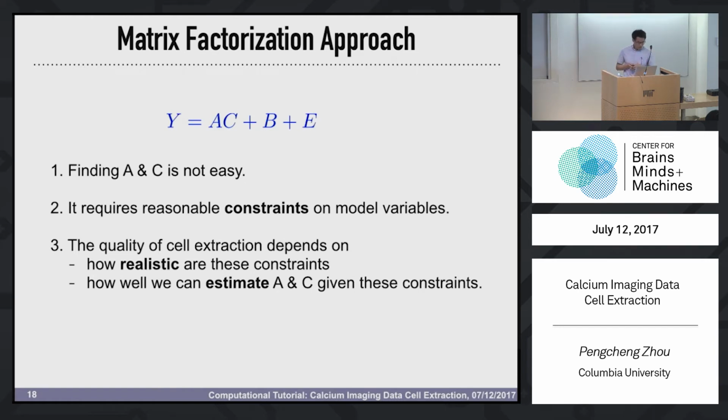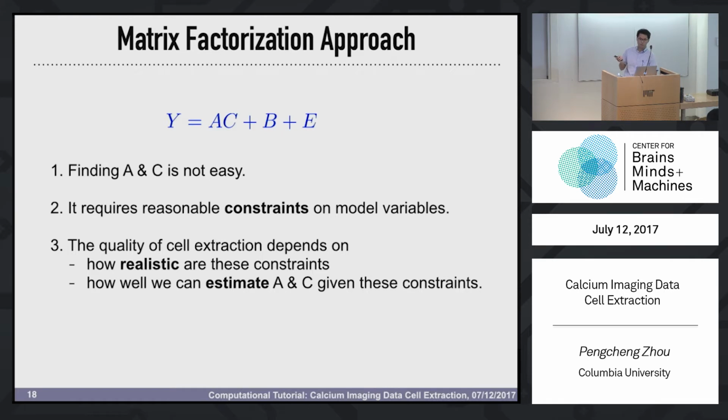So considering these advantages, the matrix factorization approach sounds too good to be true. However, there are three things we have to keep in mind. First, finding A and C is not easy. It requires some realistic constraints on model variables.